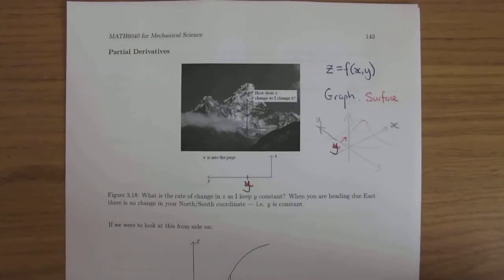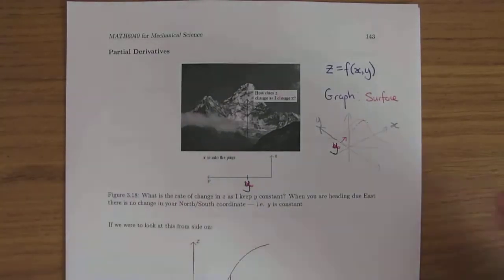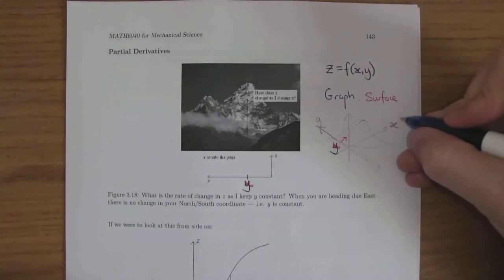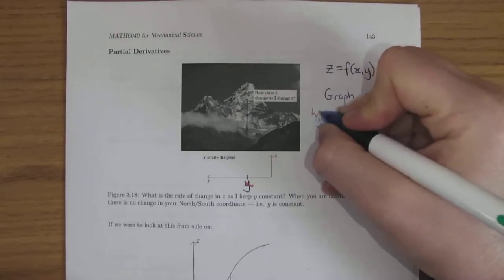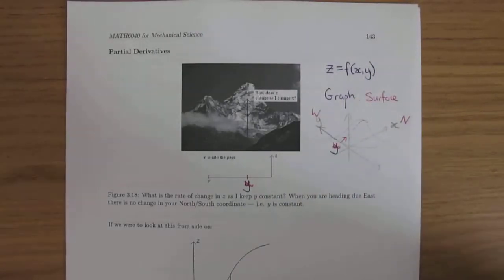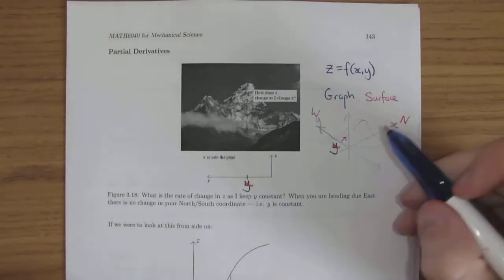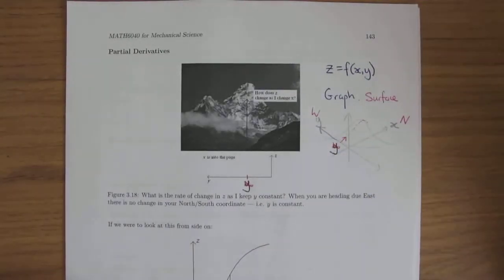Now, to imagine this, imagine that this is, say, north. Then this would be west. And when you walk directly north, you don't move in the east or west direction.